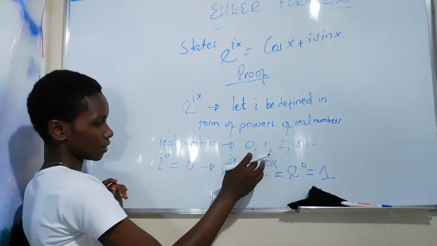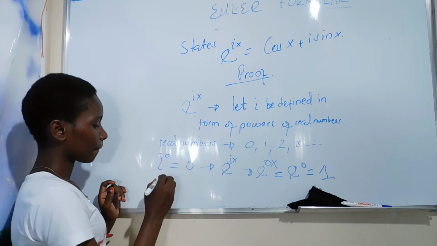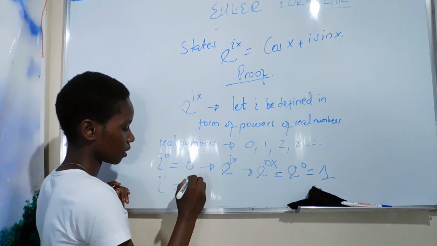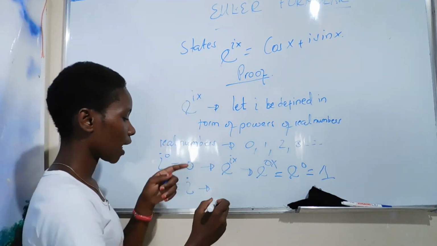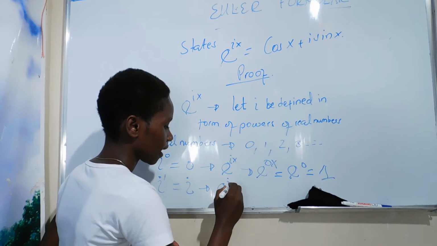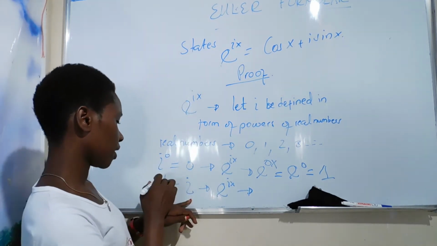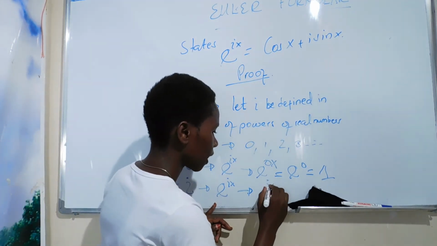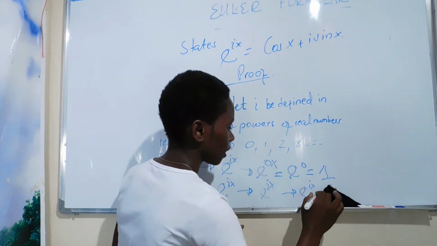Then nitaenda kuweka the second real number ambayo inafuata ambayo ni I power 1. Hapa I power 1 it means itabaki kuwa I. So nikienda kuingizia katika Euler which is ix, kwa sababu nimeingizia power 1 it remains I. So it will be ix.